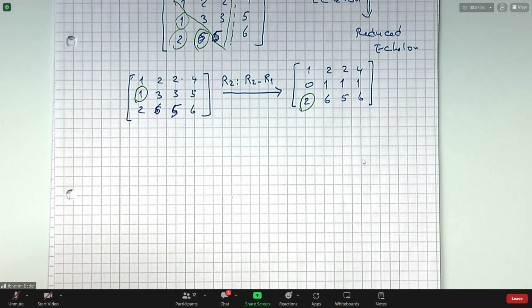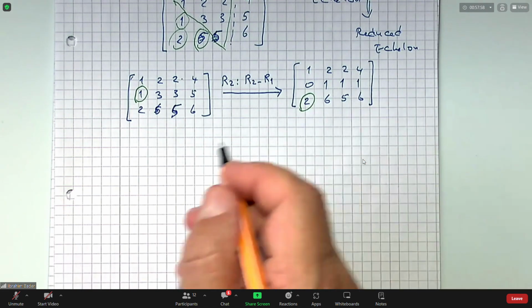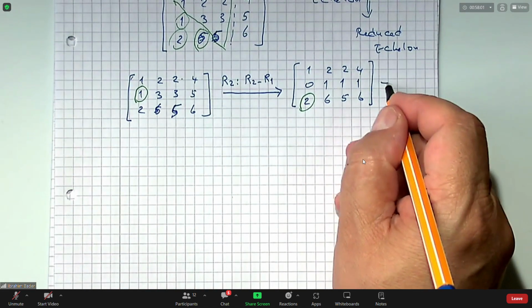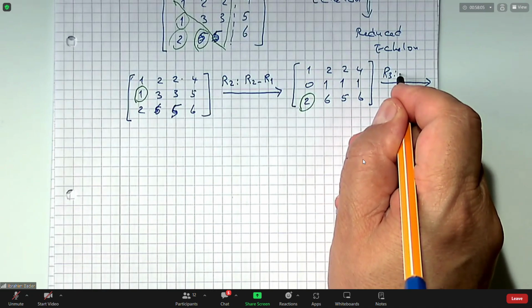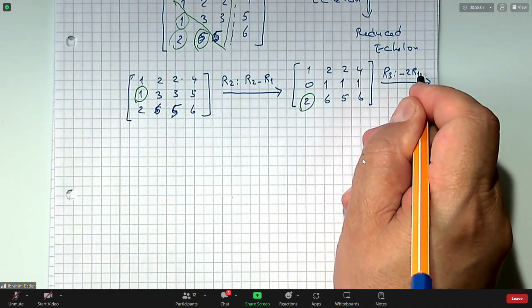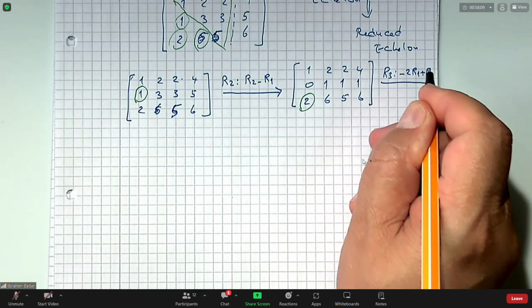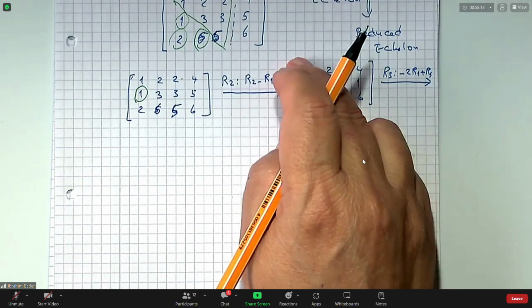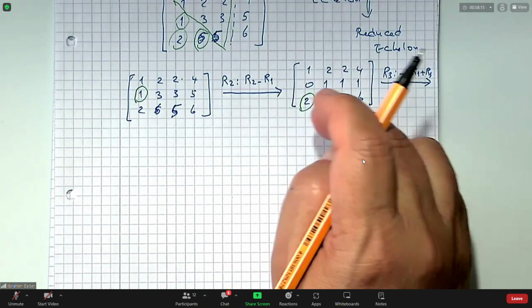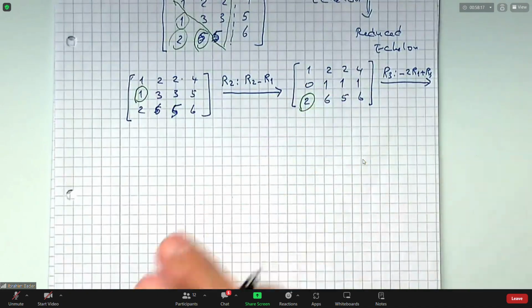Okay, so I will replace row 3 with minus 2R1 plus R3. So I will multiply this one with minus 2, add it to this one to eliminate this 2.